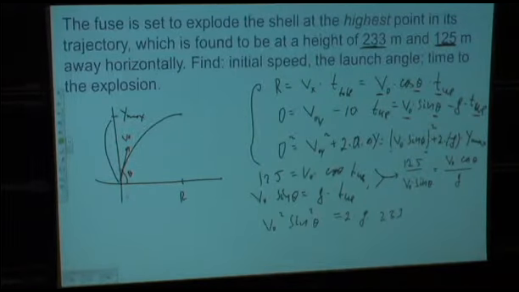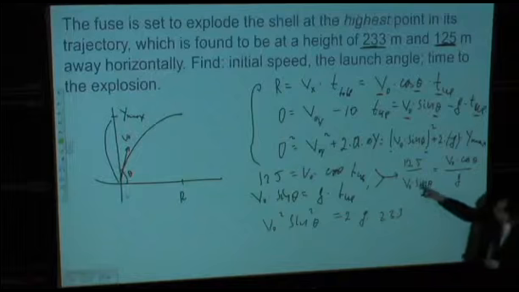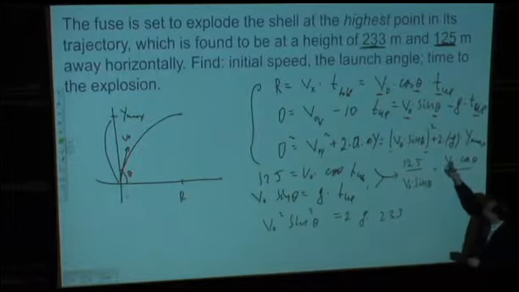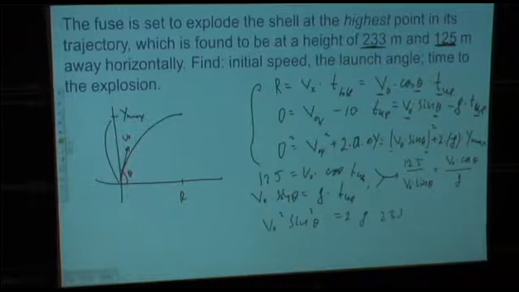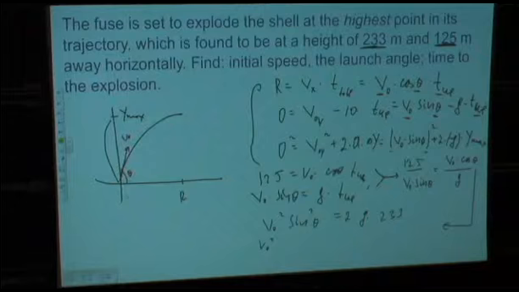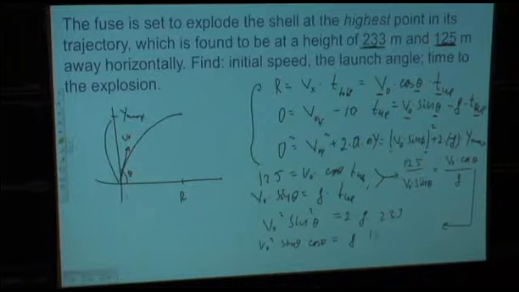So that gives me a clue. You see, I have speed squared here, and here, if I cross multiply, I get exactly the same term, v squared. So this equation I want to cross multiply. What does it give me? V naught squared times sine of theta times cosine of theta is equal to g times 125.